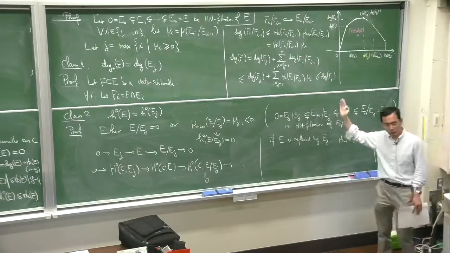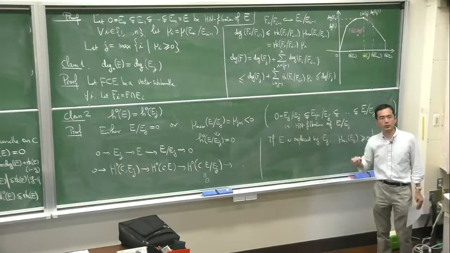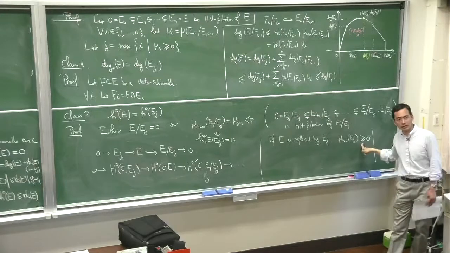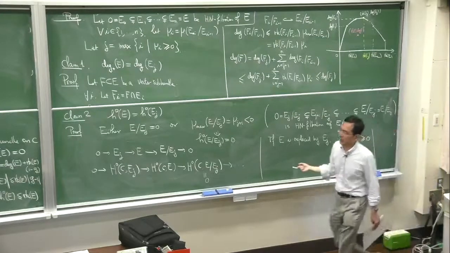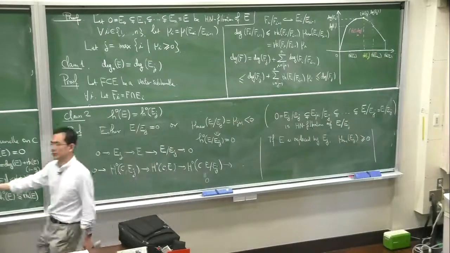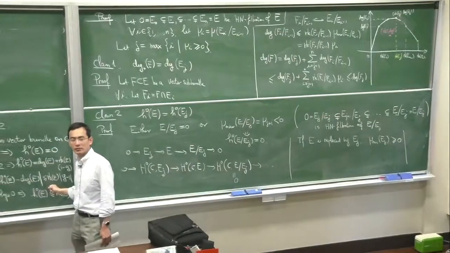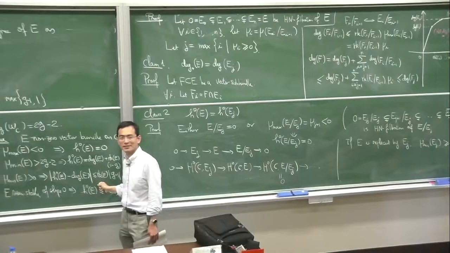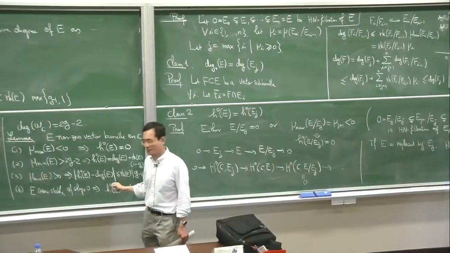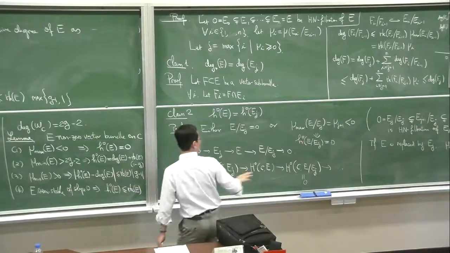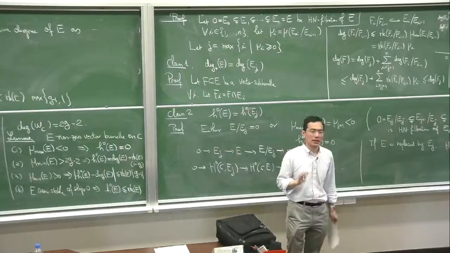Because the mu mean is the last slope. If you stop at EJ, the last slope would be non-negative. So if the last slope is strictly positive, then you already have the comparison here. So this inequality is a little bit stronger. So it remains to treat the case where the minimal slope is 0.